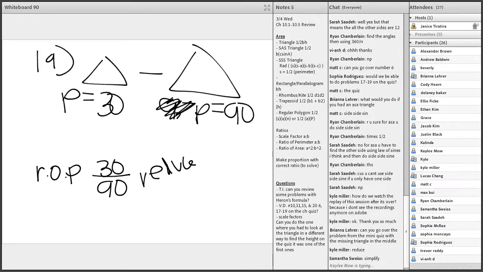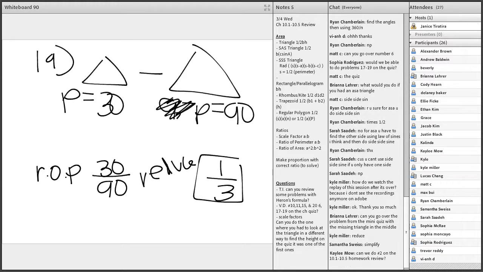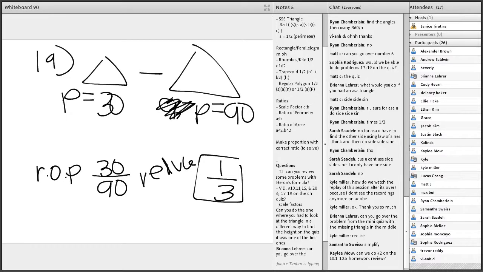Nice. So that means this ratio of perimeter is 1 to 3, 1/3. That's not my final answer. I'm going to just copy and paste that, and I'll come back to that.